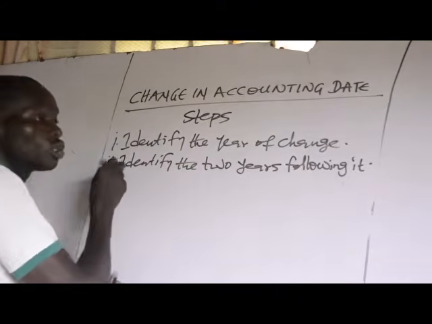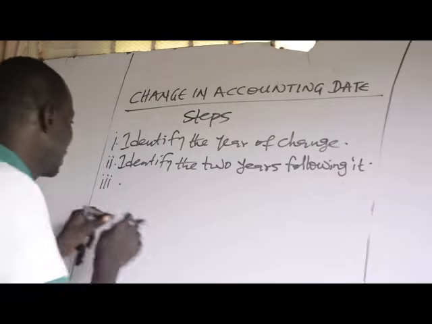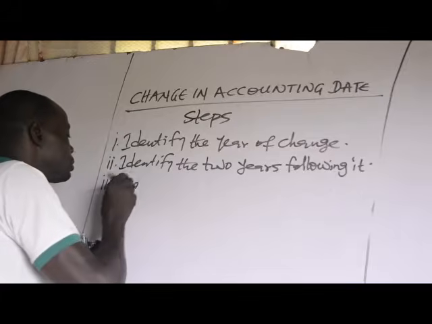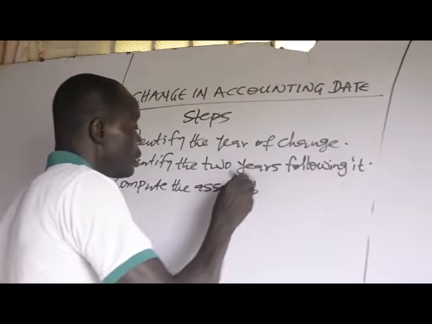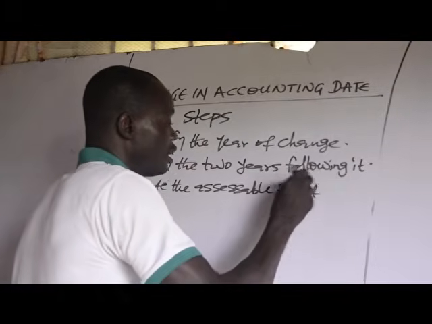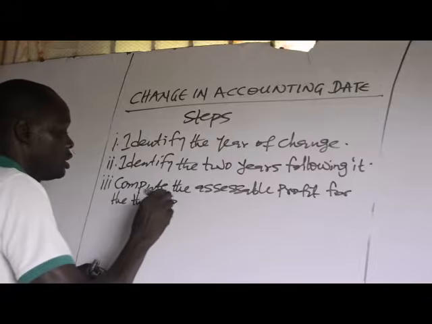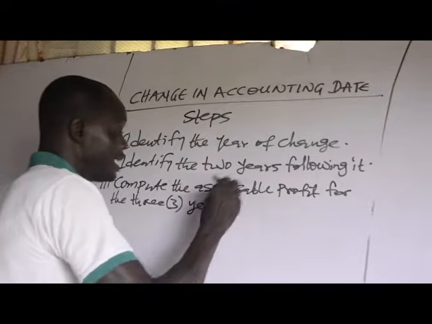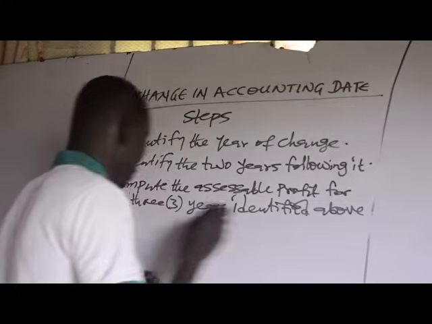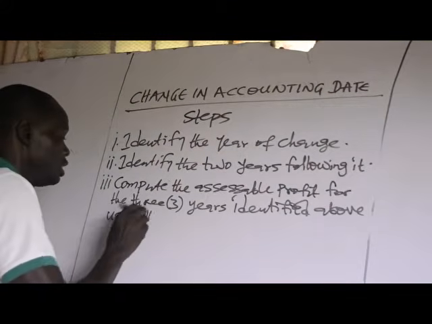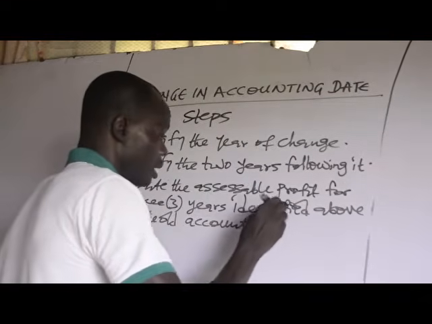Step 3 is to compute the assessable profit for the 3 years identified above using the old accounting date.